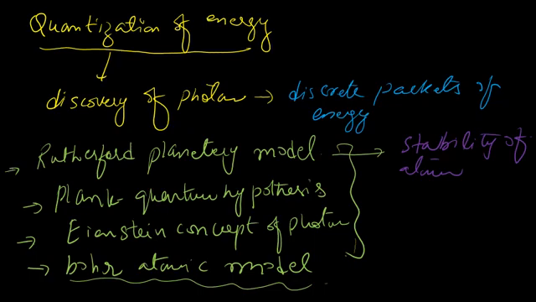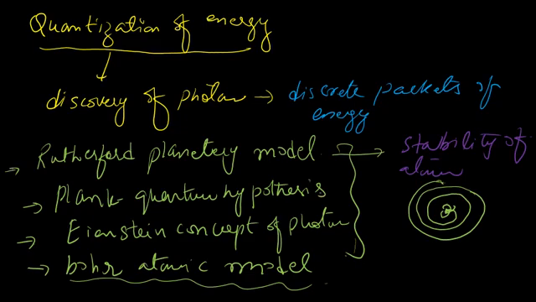Its drawback was that a moving charged particle continuously emits electromagnetic radiation, losing its energy. So the electron, continuously revolving around the nucleus and emitting electromagnetic radiation, would fall into the nucleus. So the Rutherford atomic model cannot explain the stability of atoms.